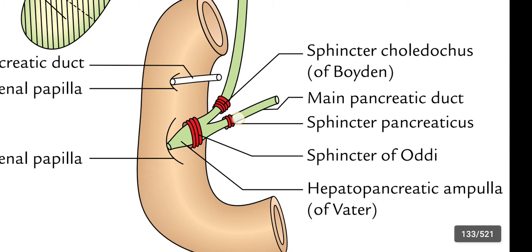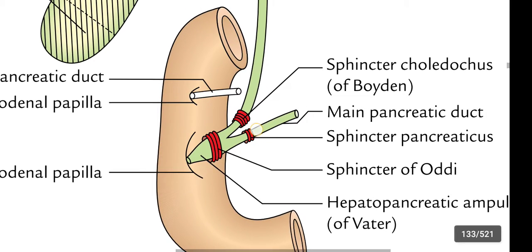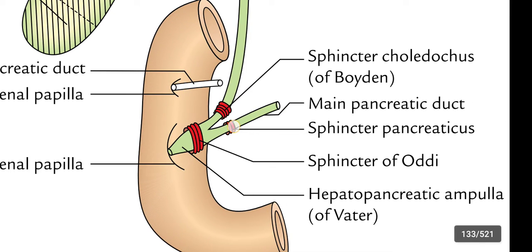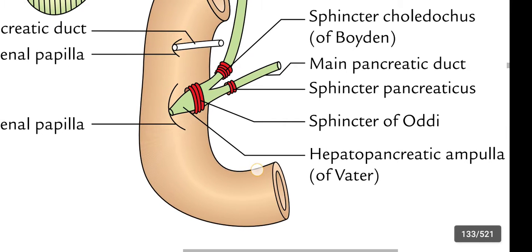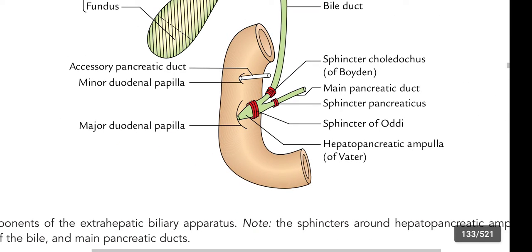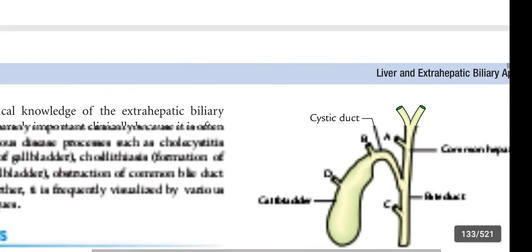This is the main pancreatic duct and this is the sphincter of the pancreatic duct, sphincter pancreaticus. Next, this is the sphincter of the hepatopancreatic ampulla, ampulla of Vater, that is sphincter of Oddi or sphincter ampullae. Okay guys, these are the three sphincters that we learn now.